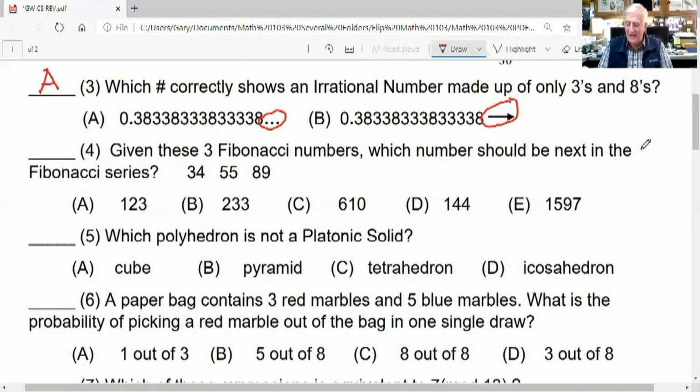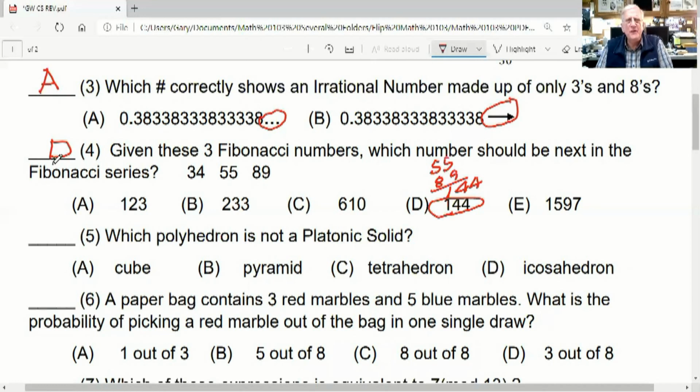So what I have to add here is 55 and 89. If I add 55 and 89, you'll notice I get 144, which is choice D. So the correct answer here should be D.